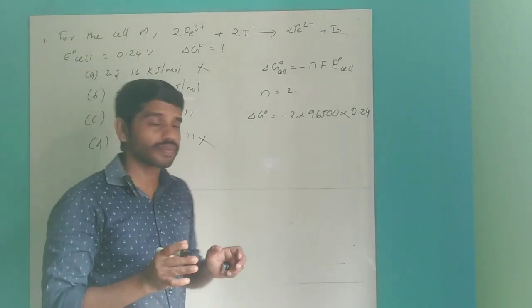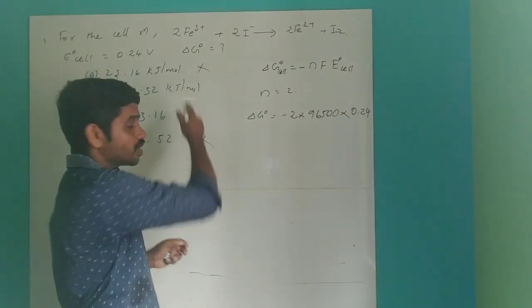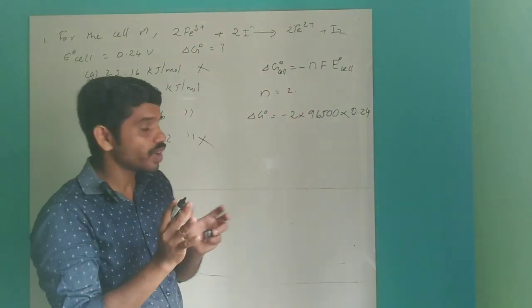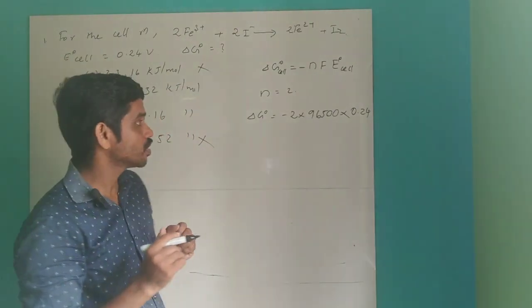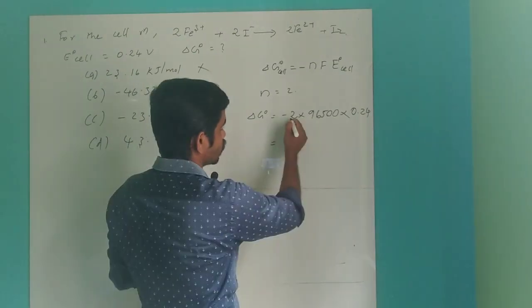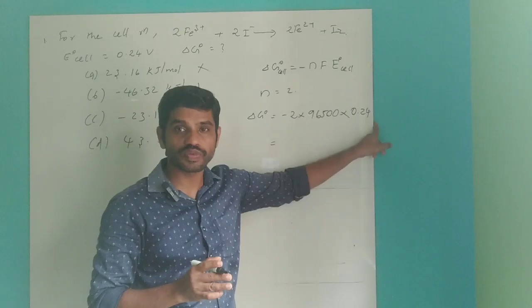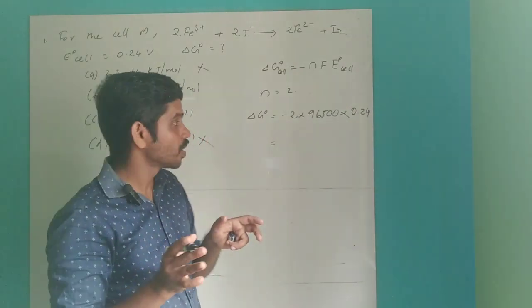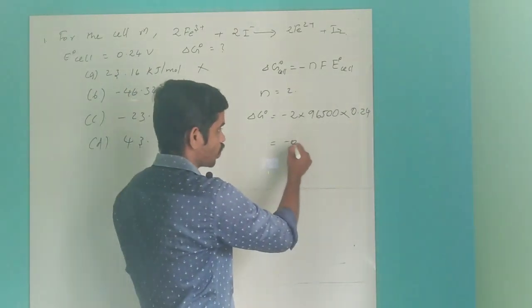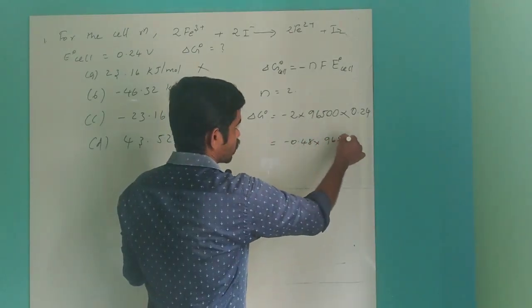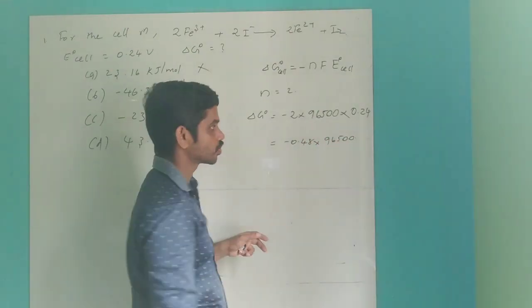There is a large difference between the options, so you can find out by some tricks. If you multiply 2 into 0.24, that is 0.48. So minus 0.48 into 96500.